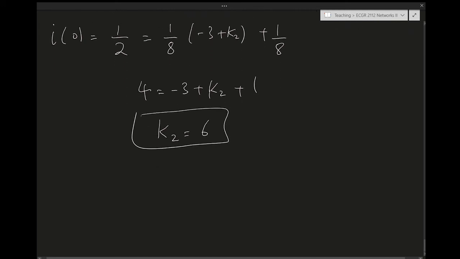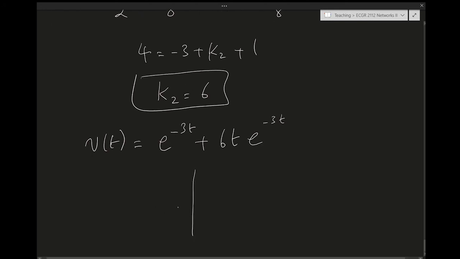So the final form of the solution will be V(t) equals K1, which is 1, e^(-3t) plus 6t e^(-3t). If we plot this, it will look something like this.